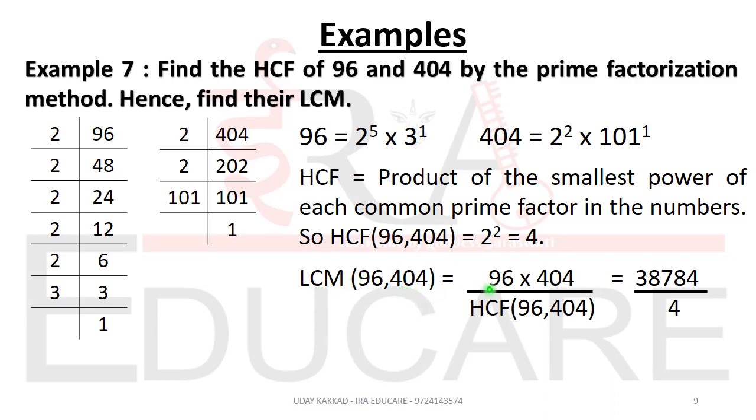LCM is the product of both numbers divided by the HCF of 96 and 404, which is 4. The product of 96 and 404 is 38,784. By dividing by 4 you get 9696. So this is the LCM of 96 and 404.